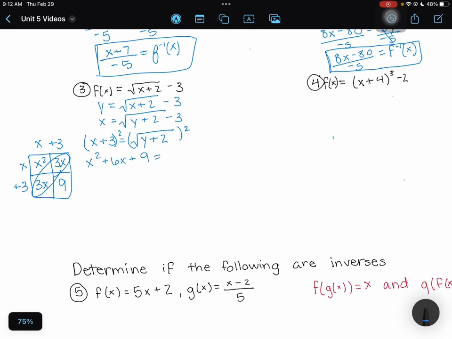And then on this side, the square and the square root just cancel out. So I get y plus 2. Last thing, to get y by itself, I'm going to subtract 2 from both sides. Plus 7 equals y. Then I can write it with my inverse notation.